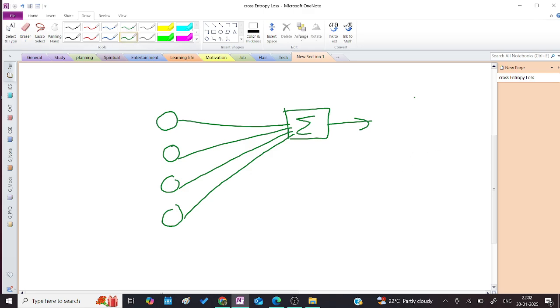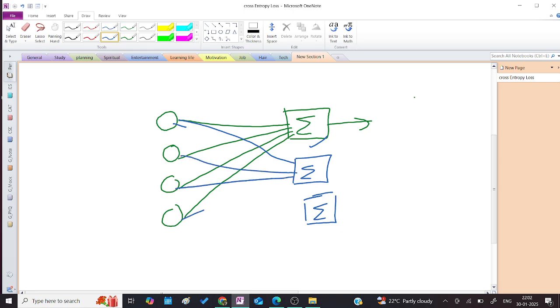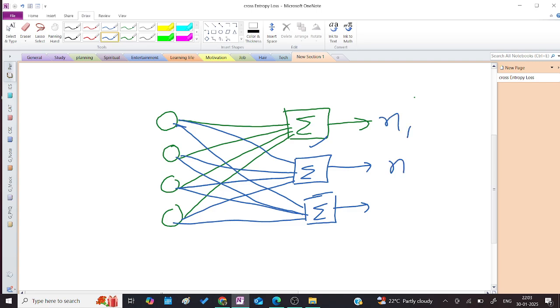So now instead of one computational block, if there is more than one, suppose 3 computational blocks, right? The same input is getting inside these computational blocks and the first is generating a number n1, the second block is generating a number n2 and the third one is generating n3, right?